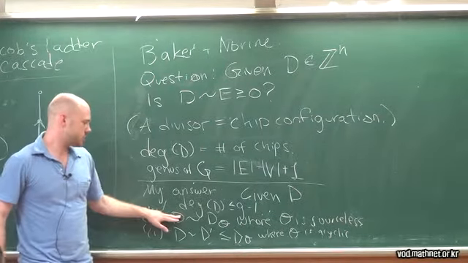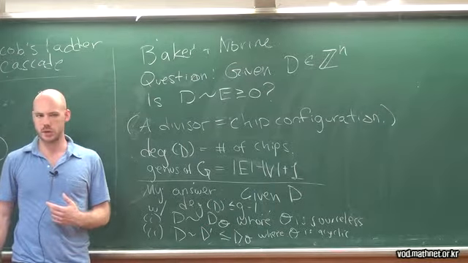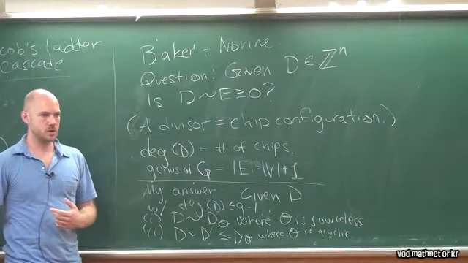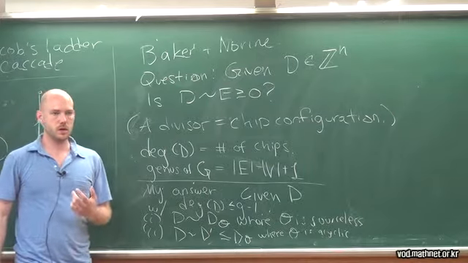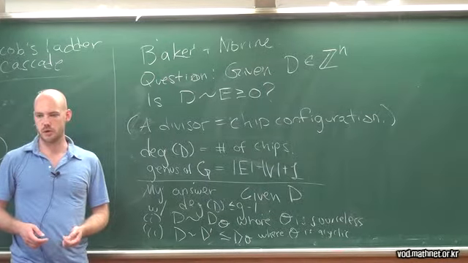So D should be chip firing equivalent to some divisor which is coming from a partial orientation where O is sourceless. So what can we say about the divisor associated to a sourceless partial orientation?